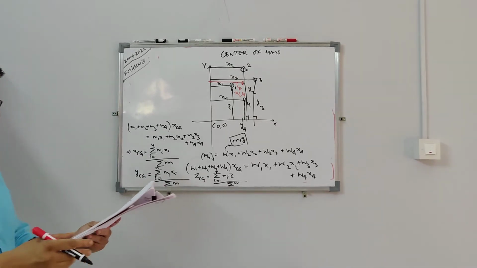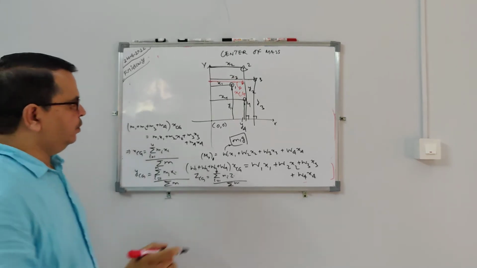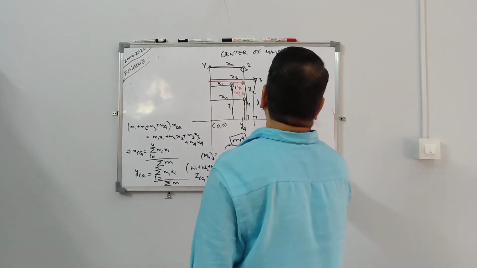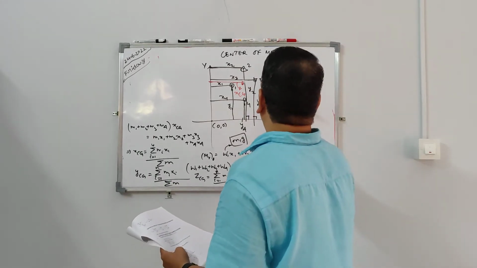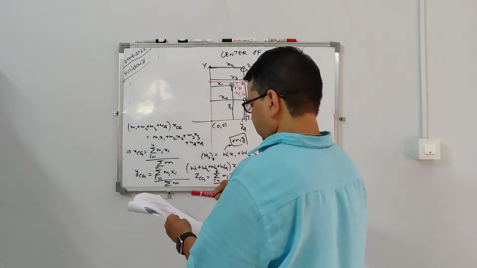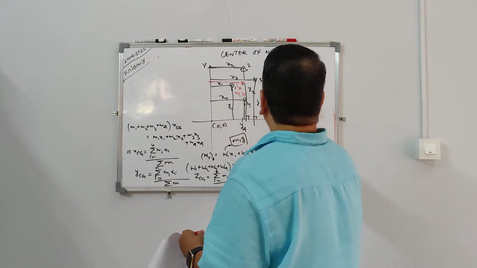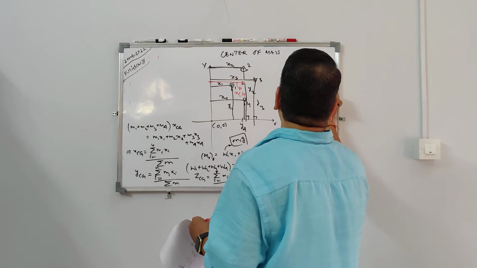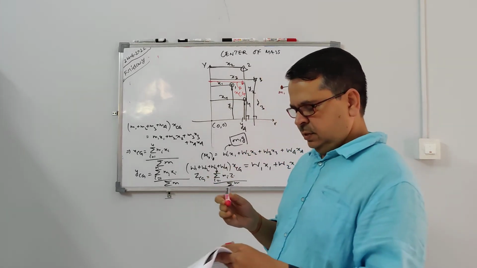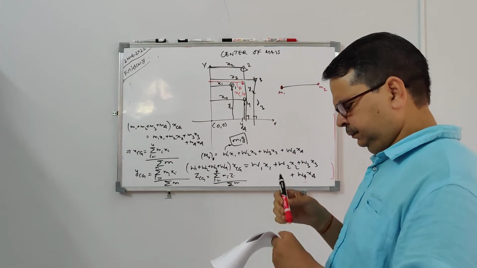Suppose you have a system where you have mass m1 here, and you have mass m2 here.